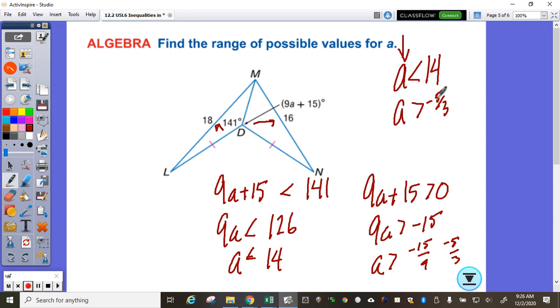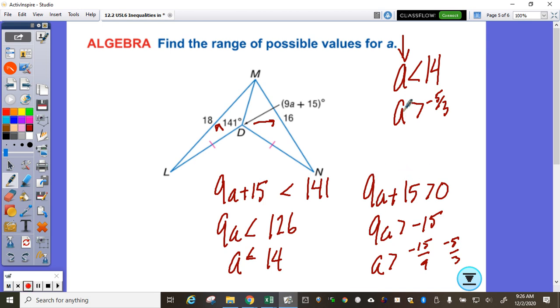Right here? Because when I made sure that this angle right here was going to always be positive, I had to make sure that this angle was always going to be bigger than 0. So I solve for A to know all of the values of A that make sure that this is going to be bigger than 0.